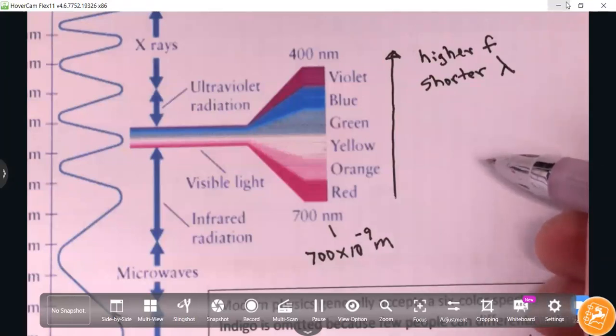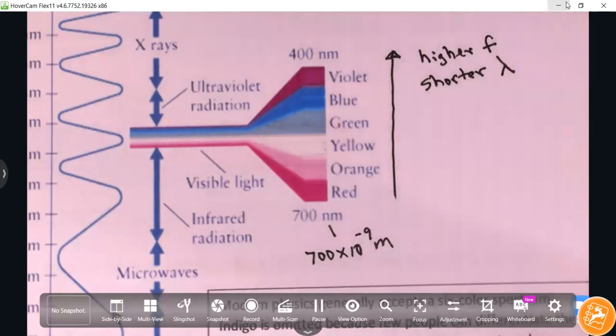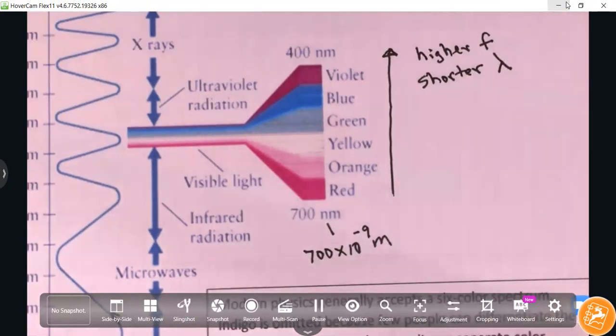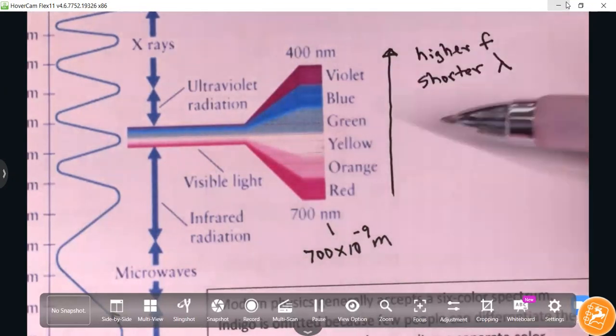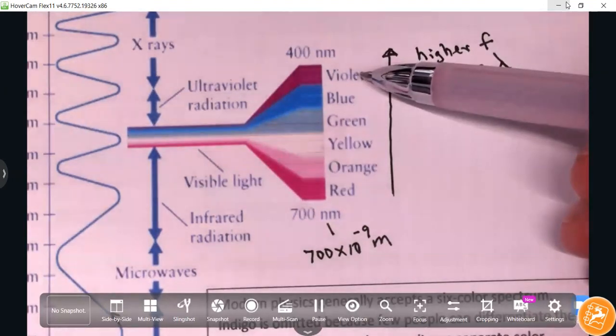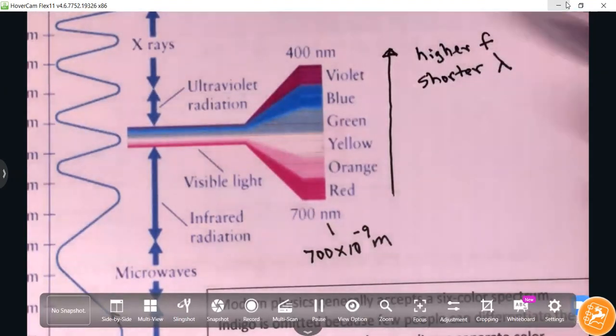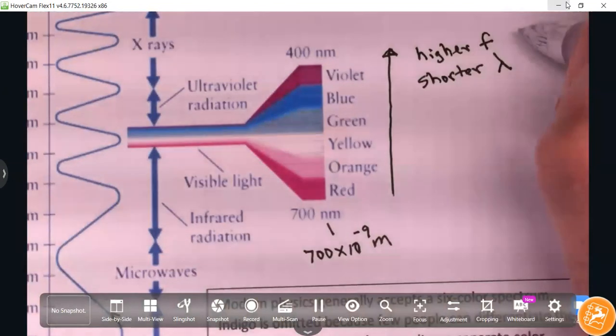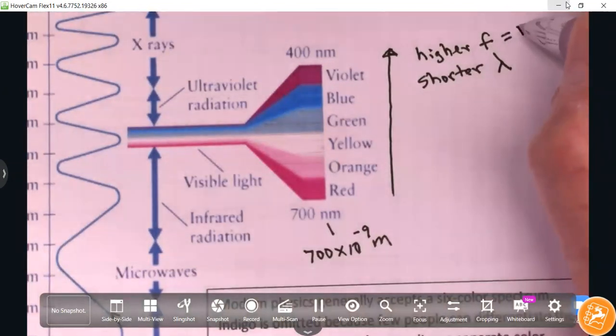As we go that way, listen to this statement: frequency and energy go together. This is your first question on Al. Which one of these has the highest energy? Well, it's going to be violet light that has the highest energy. This also is equal to energy.